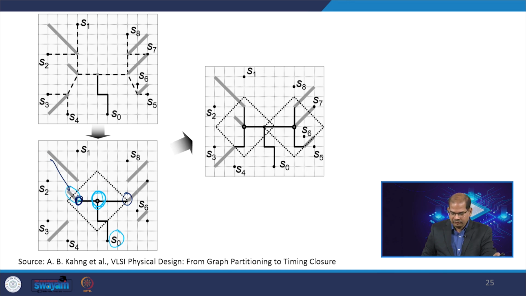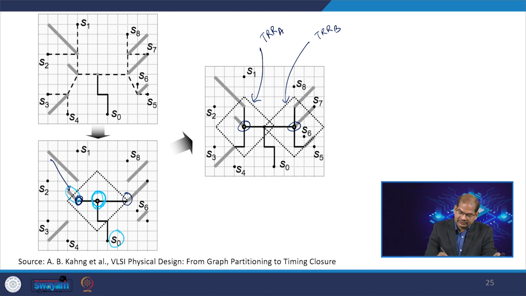Now, what I have to do, again I do the same approach to create a TRR around that tapping point. So, this is the tapping point here, then this is the TRR created around the tapping point, let us say TRR A, this is TRR B. Now, where is it touching?